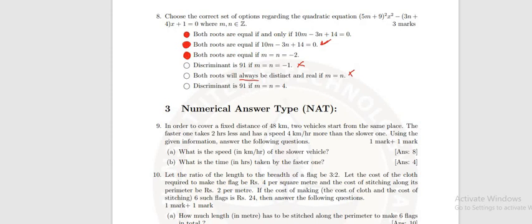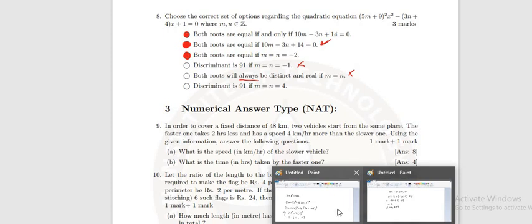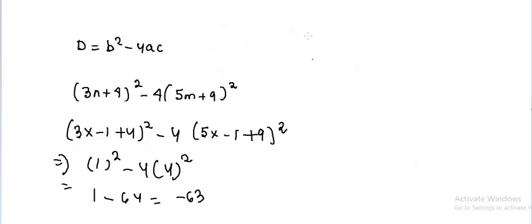Moving on to the last option, let's verify this option. Here we have to put the value m is equal to n is equal to 4 and check whether the discriminant is coming 91 or not. This will give 3 into 4 plus 4 whole square minus 4 into (5 into 4 plus 9) whole square.